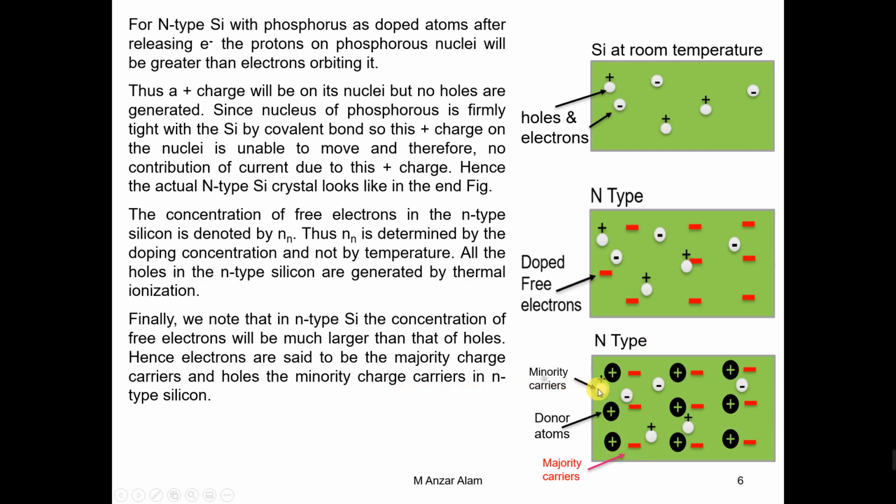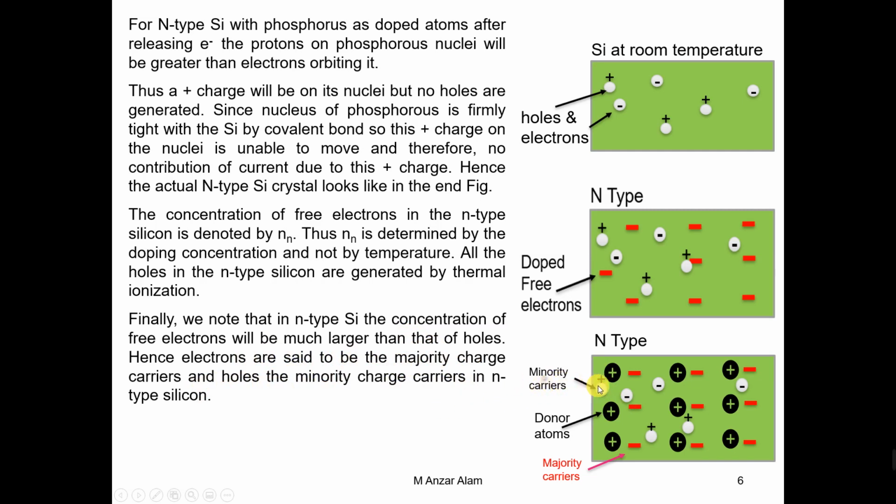These are the holes. Hence, electrons are said to be the majority charge carriers and holes the minority charge carriers in n-type silicon. So the conclusion is that the majority charge carrier is the negative free electrons, and there are also minority charge carriers, which are holes.